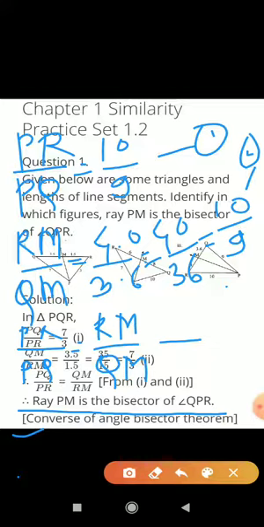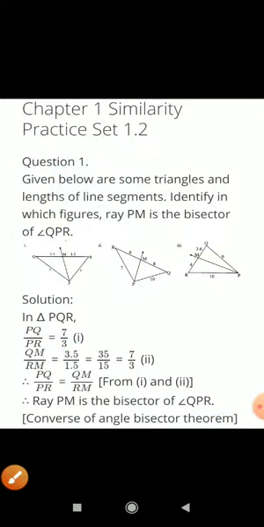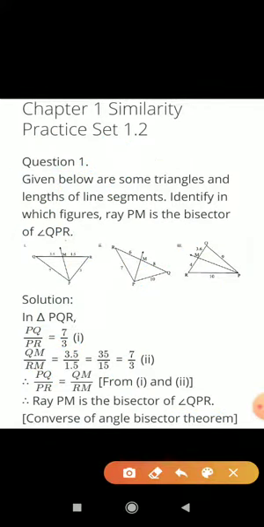Okay, so thus we solved question number 1. In the first diagram PM is the bisector of angle QPR, and in the third diagram PM is the angle bisector of angle QPR, but in the second it is not the angle bisector because the ratio is not equal. Okay, so this is question number 1.